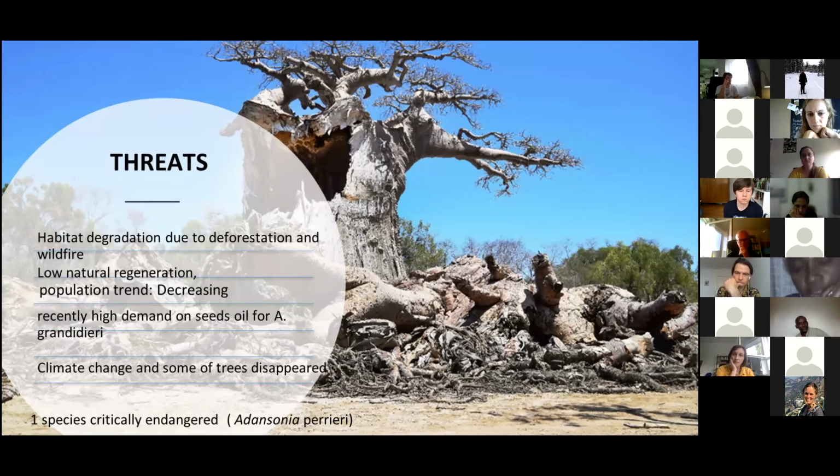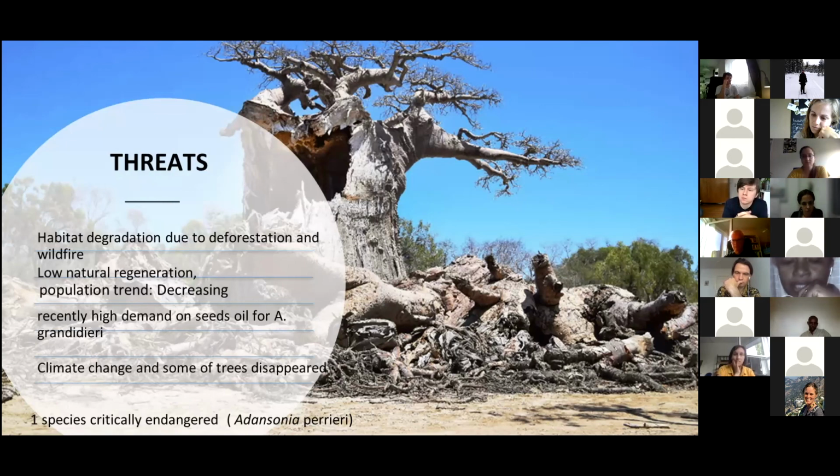And actually, there is a high demand for seeds to produce oil from the baobabs, and the species facing this threat is Adansonia grandidieri. On the scientific side this is a big problem, because the baobabs already have low natural regeneration, so the high demand for seeds will become a big threat to the species.